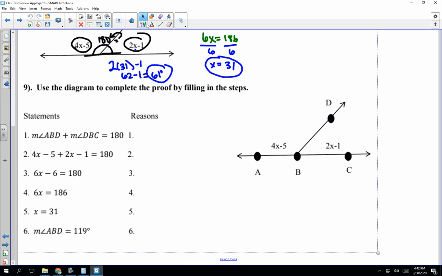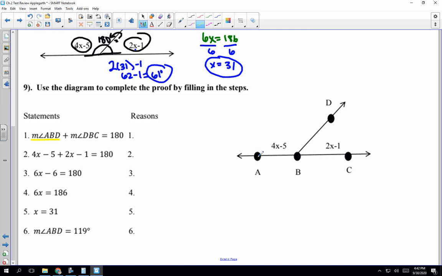All right, so we look at our first statement here, and then we're just going to follow. I love to follow with a little line. The measure of ABD plus the measure of DBC is equal to 180 degrees.